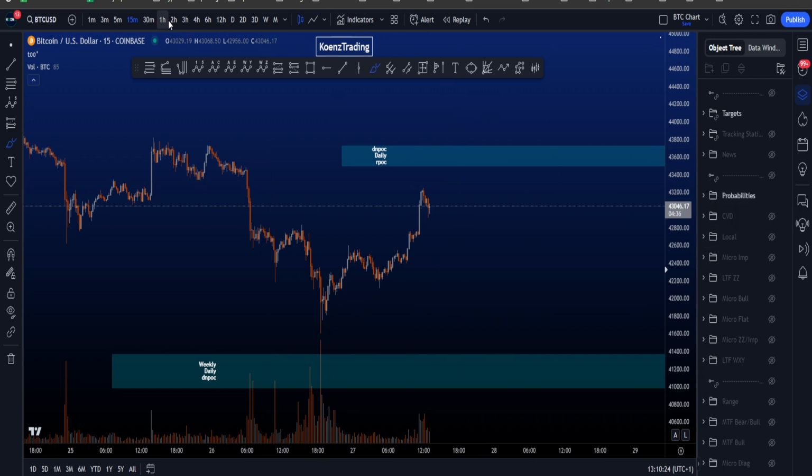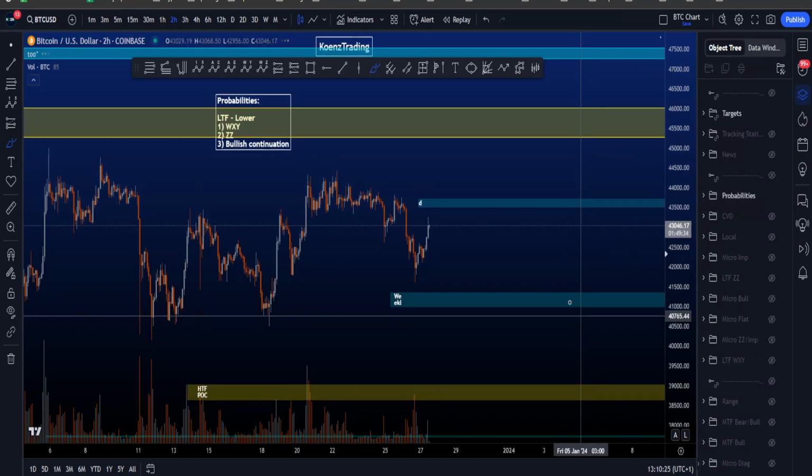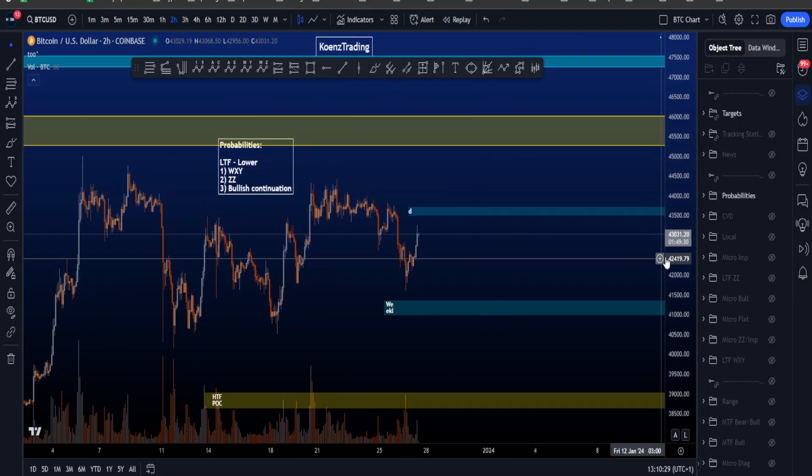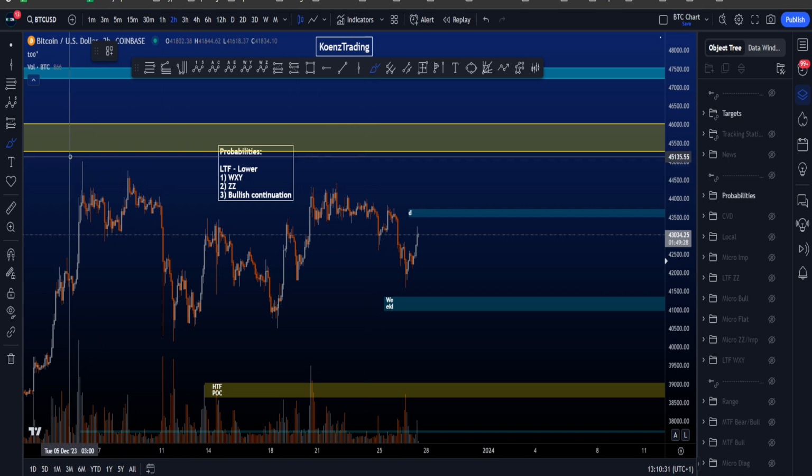So if we then look at the probabilities of the different scenarios, then currently on the low time frame, which is basically this time frame here, the range that we've been covering in this video, the probabilities would still be higher to look for some lower prices, right?